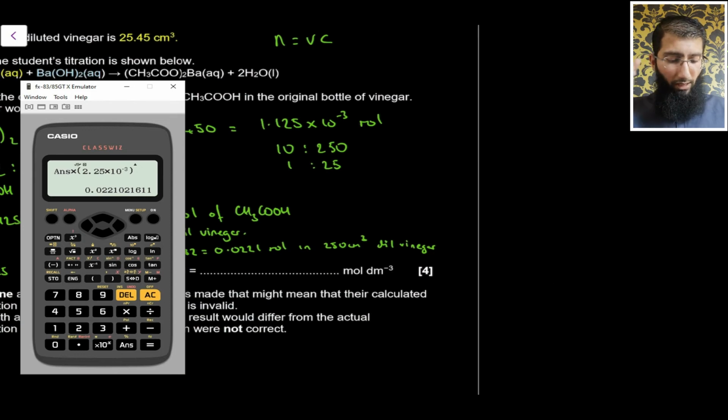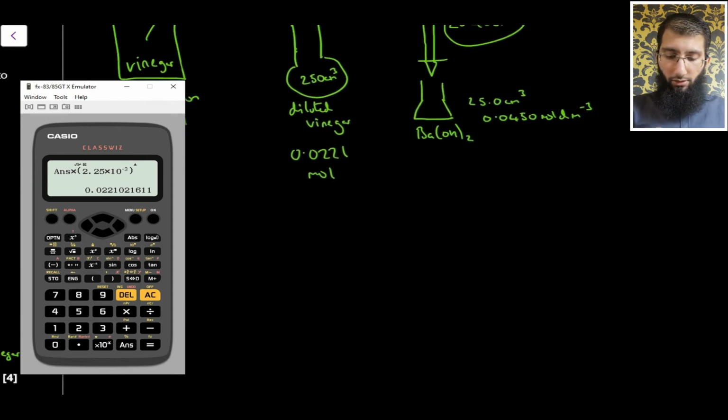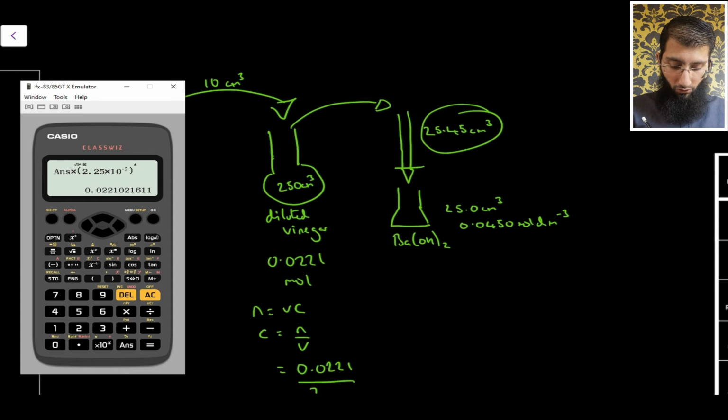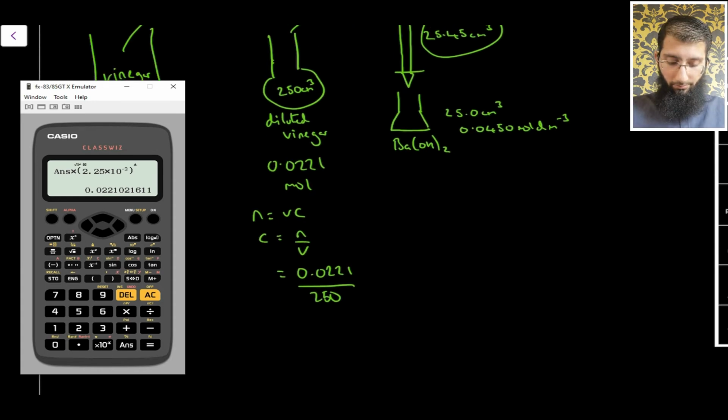So how are we going to work this out? Well, if we know the moles in this diluted solution is 0.0221, we can work out the concentration of this diluted solution. We know that n is equal to VC, so C is equal to n over V. If we literally just sub the data in, we can get the concentration of the diluted solution, which, yes, is not what we want as our final answer, but it's going to help us get there.